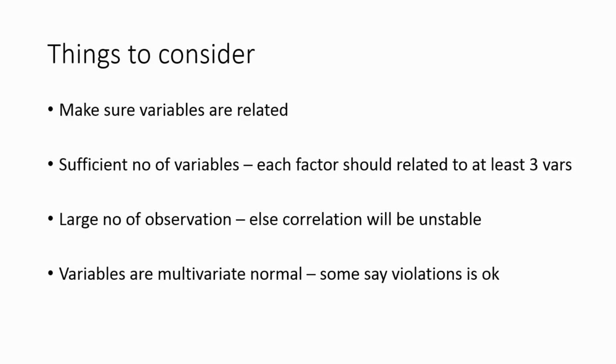Multivariate means more than one variable, normal means normal distribution. When all your variables are normally distributed, naturally the entire data set is multivariate normal. But some researchers say that a slight violation is okay, and you can still use factor analysis.